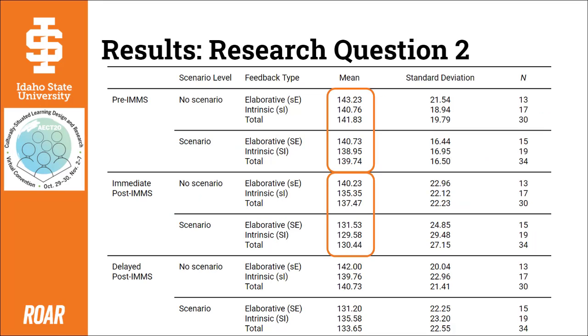For research question 2, which addressed motivation, there was exactly one statistically significant result, and it was a time-based significant result between the pre and the immediate post administrations of the IMMS, the motivation instrument.